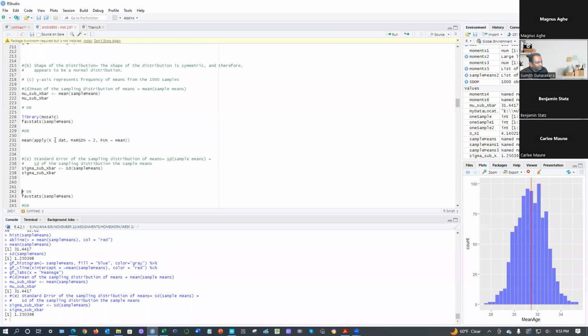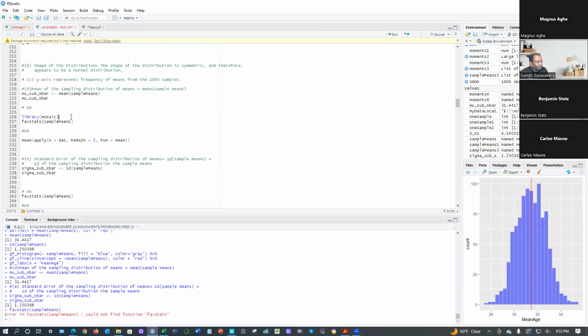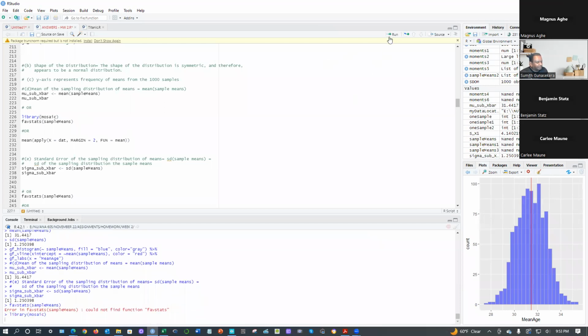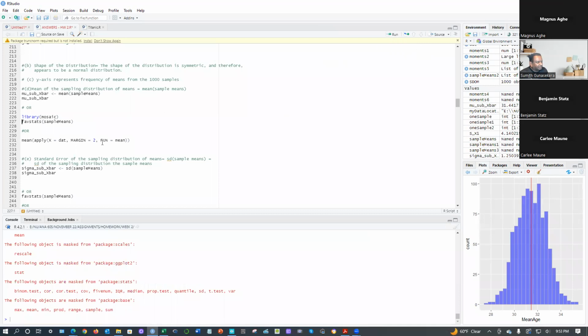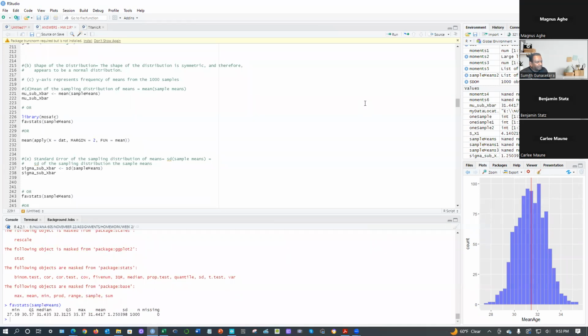If you want the mean, go to the favorite stat. You can go to the favorite stat of the sample mean and it would give you both of them.